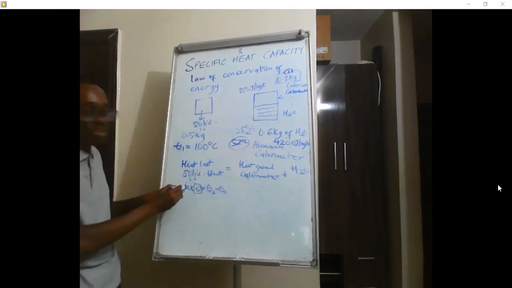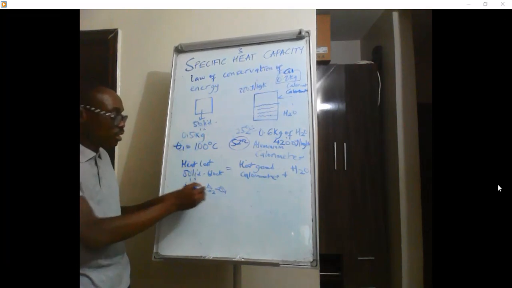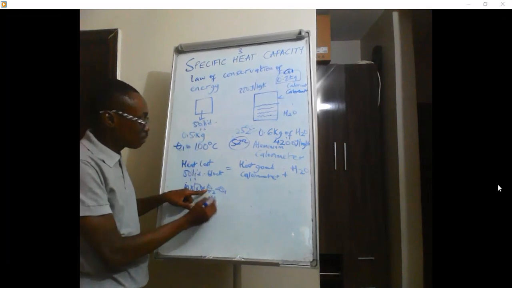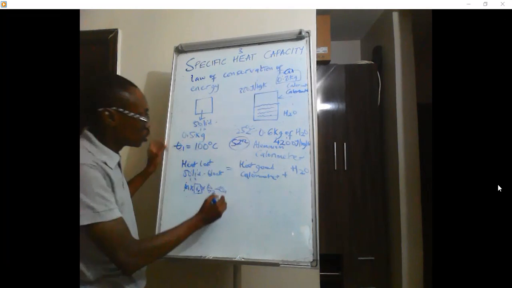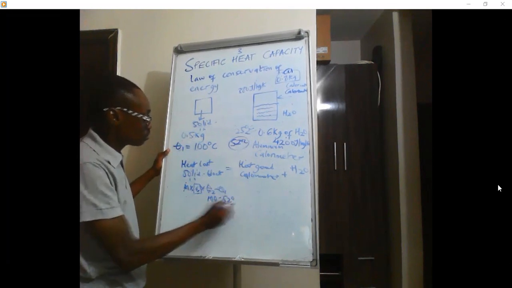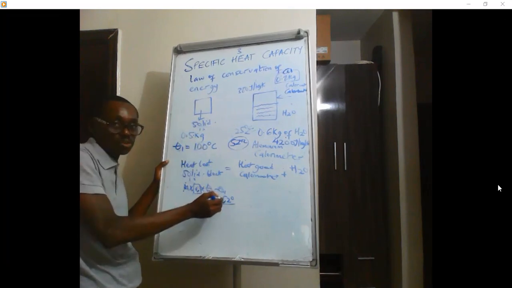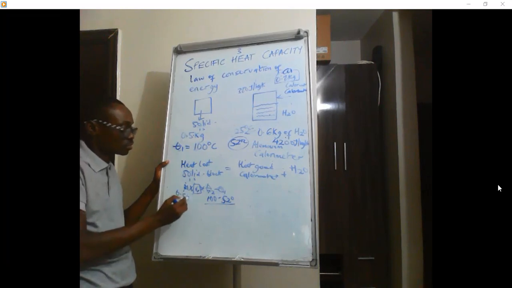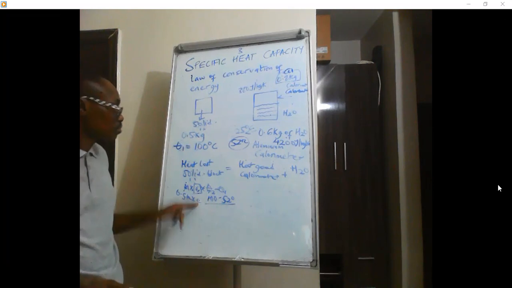So that will be the mass of the solid block times the specific capacity of the solid block, which we don't know, we're looking for, times the temperature, 100 here minus 52. So this is going to be 100 initial minus what it drops to. M here is 0.5 times C, the specific capacity of the solid, which we are looking for.